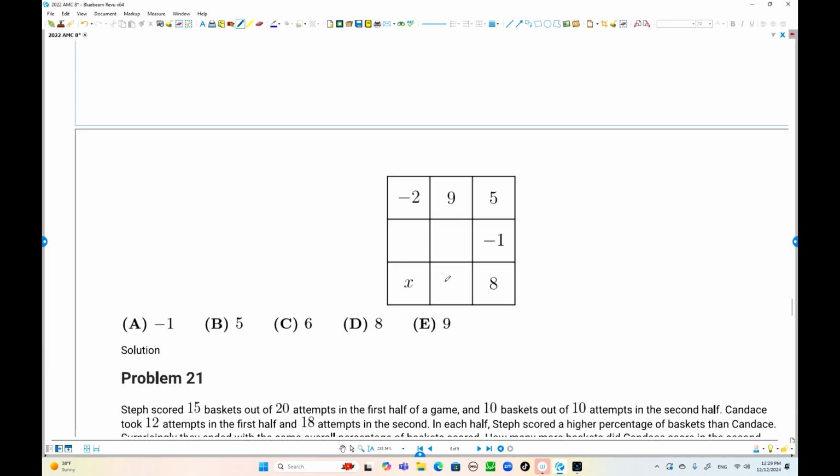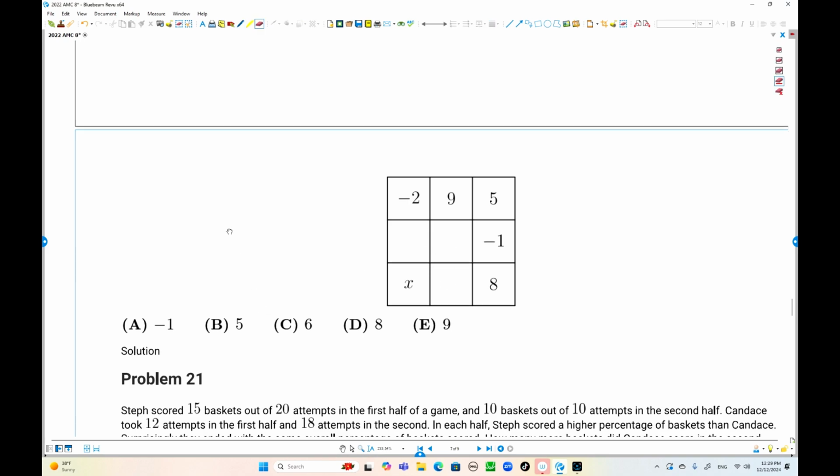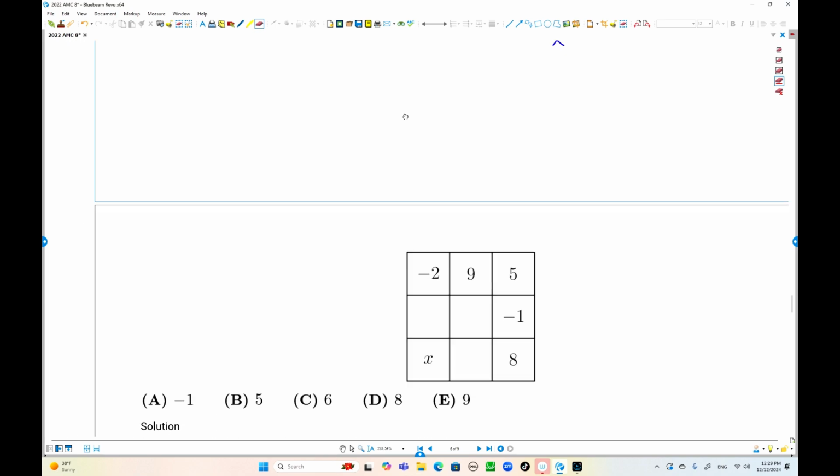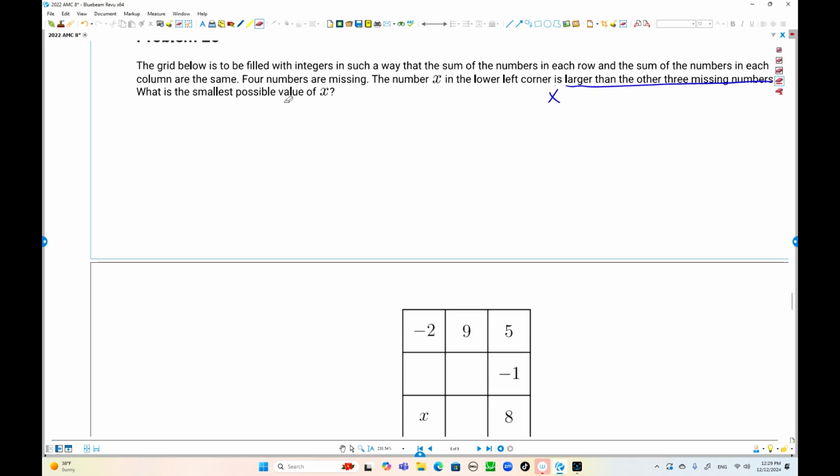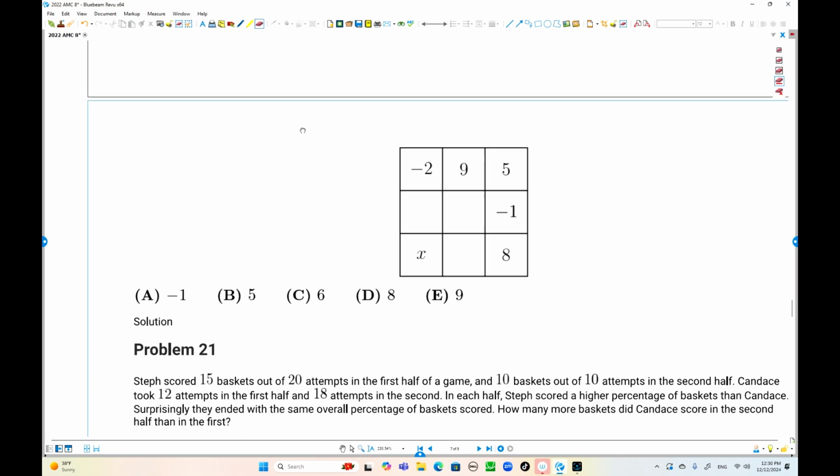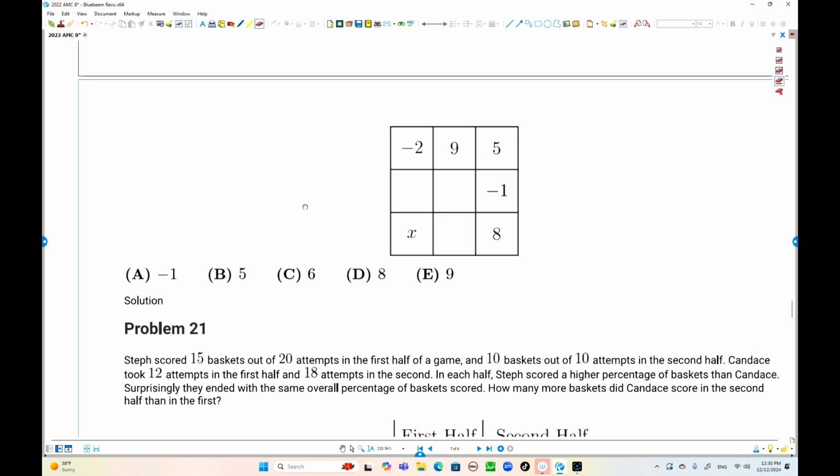This number must be greater than this number and this number, right? So how do we find the smallest possible number? It's the smallest possible, okay? So how to solve it this way? We already have 5 options there. Maybe we can use this one. I think that is a good idea too.